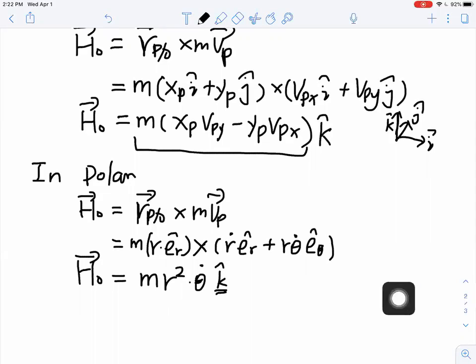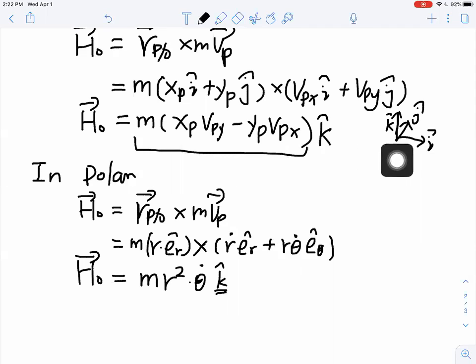Like what we did here, we showed you i, j, k. That's kind of like 3D. If our particle is moving in the i-j plane, you will realize that our angular momentum H is only in the k direction, right?